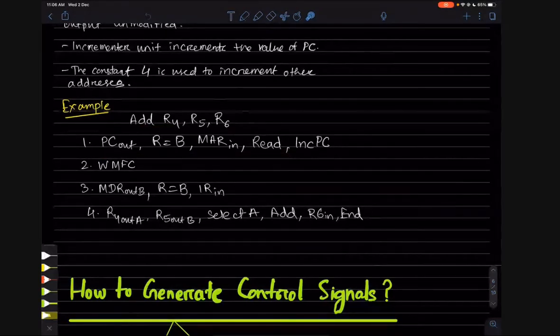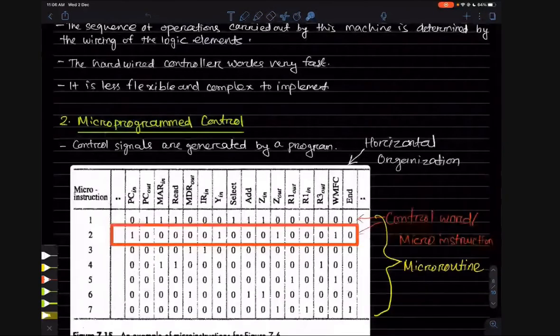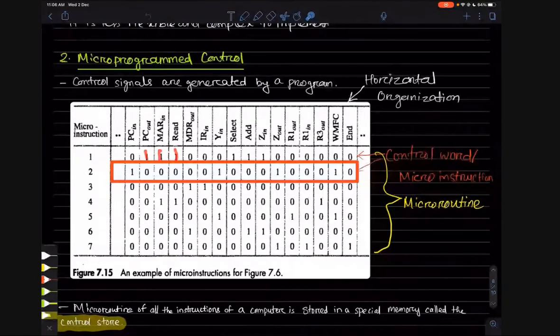Whenever we want to generate a signal, we will put 1 in the value of this table. Whenever a signal will be generated in step number 1, those signals will be 1, and those which will not be generated will be 0. It is the same in case of step number 2 also.